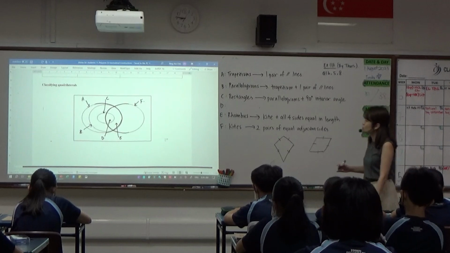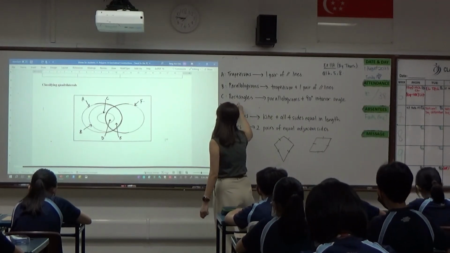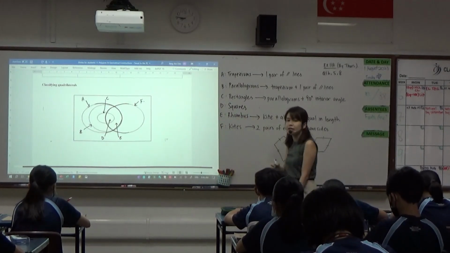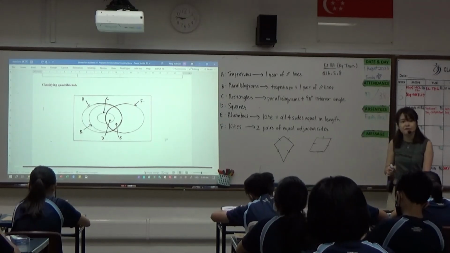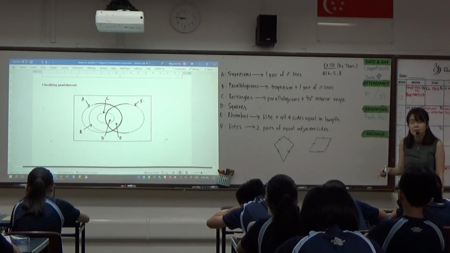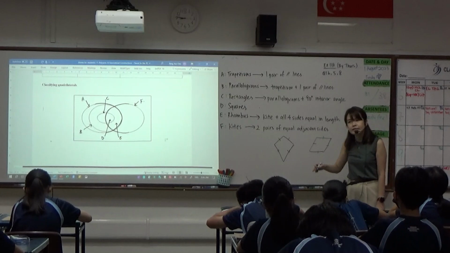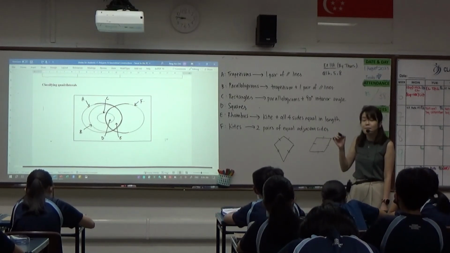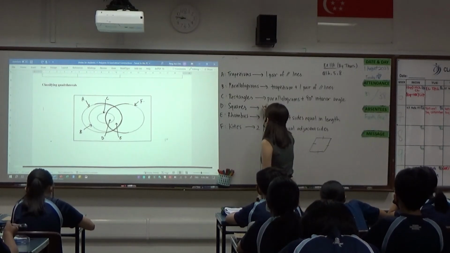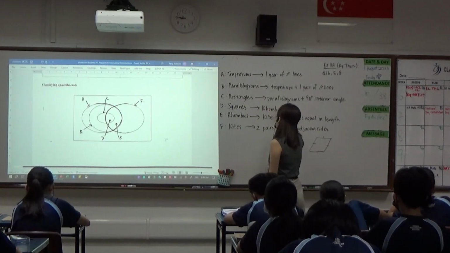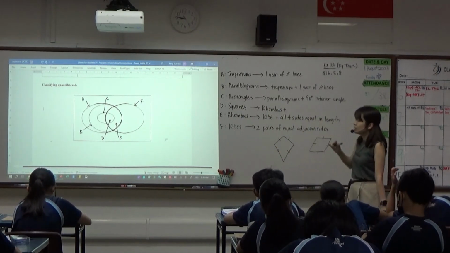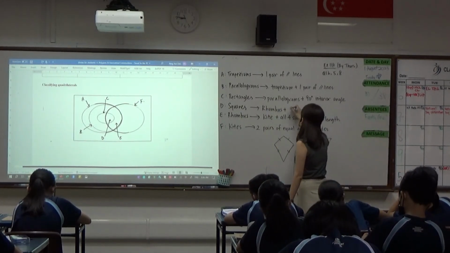And then for our squares, just now we already agreed that squares are more specific than rhombuses, because not only are there parallel lines and all four sides equal in length, but they also have 90-degree interior angles.